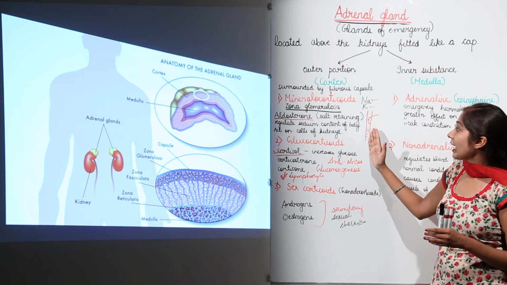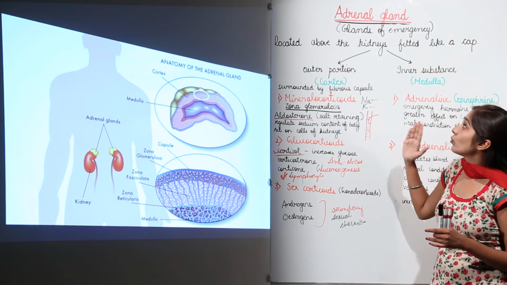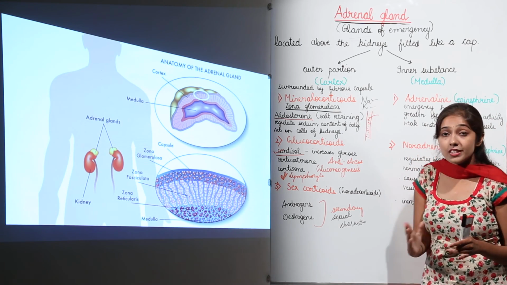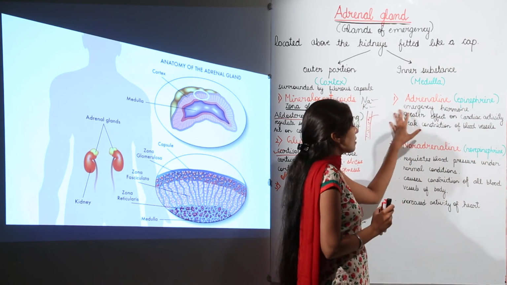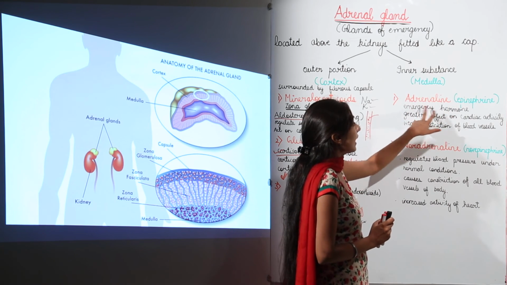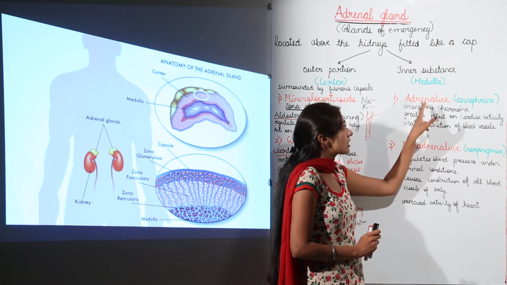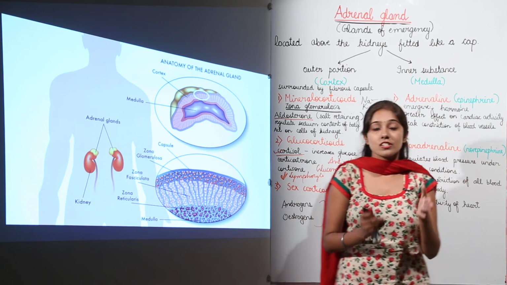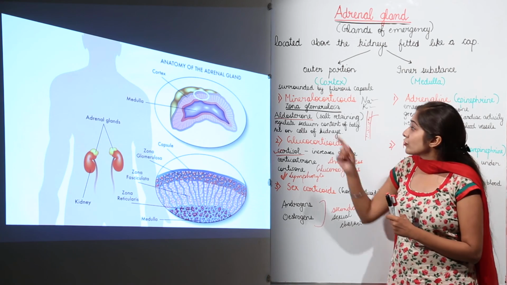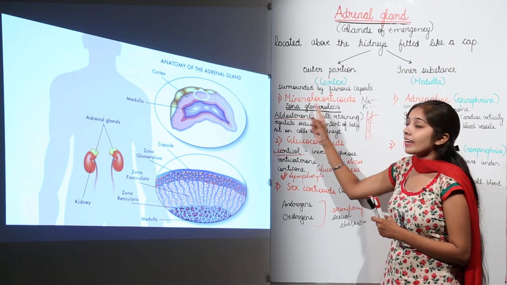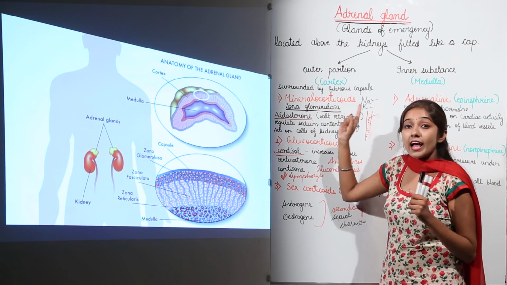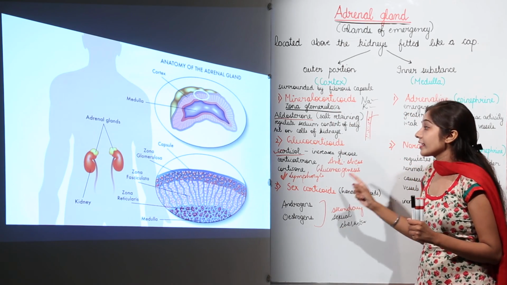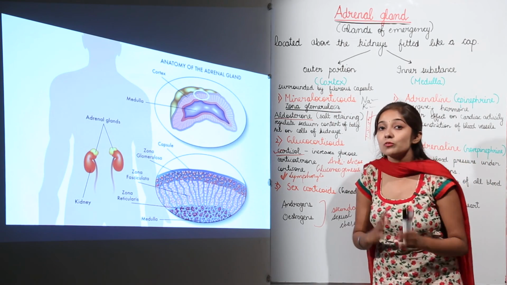And remember that this gland is known as the gland of emergency, and the emergency hormone is the adrenaline hormone, which is secreted by the adrenal medulla, right. Just remember the names, because by remembering the names you can also make out the function or the action of these hormones inside our bodies when they are secreted.